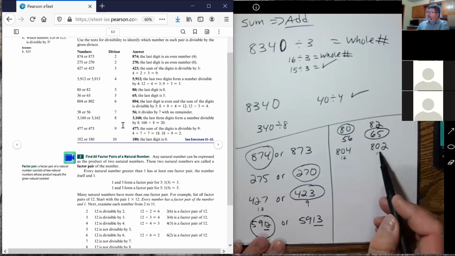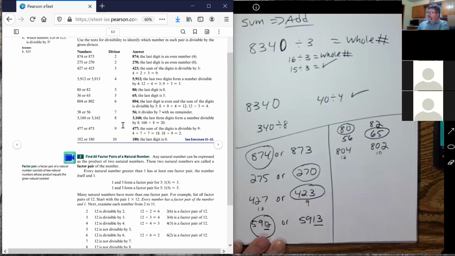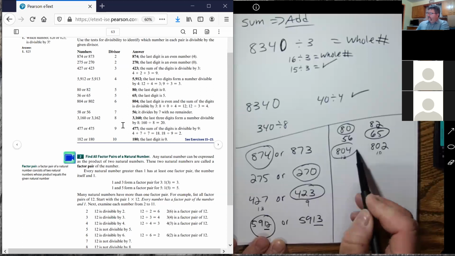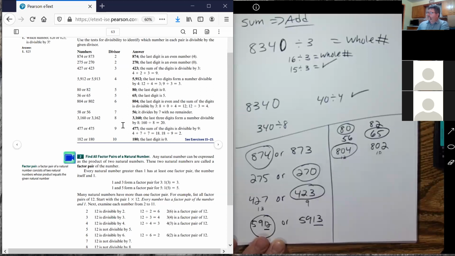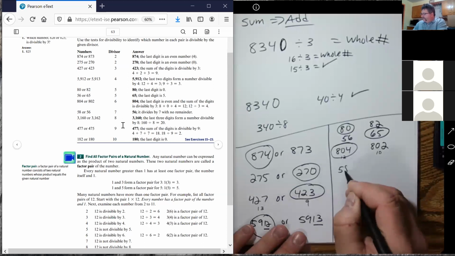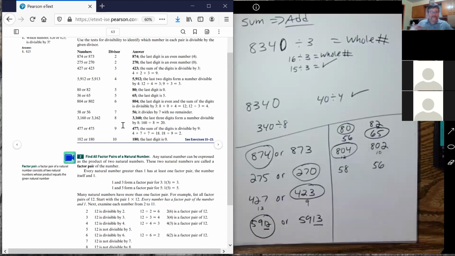This one I'll get a 10. So only 12 can be divided by 3, not 10. So there we go. All right, 58 or 56, which one can be divided by 7? Again, an even division. 7 doesn't have a good rule other than it has to divide nice and evenly, and 56 does divide by 7 nice and evenly.